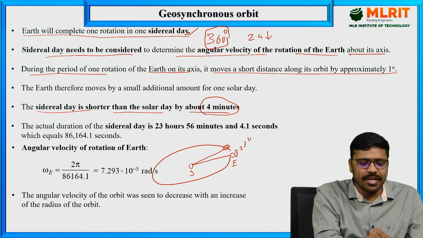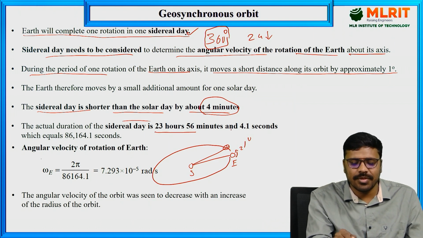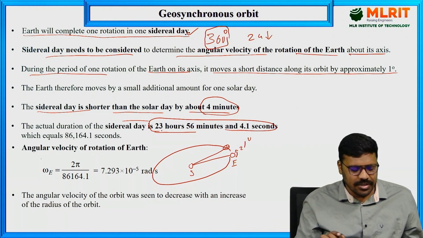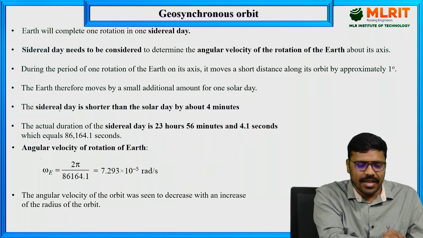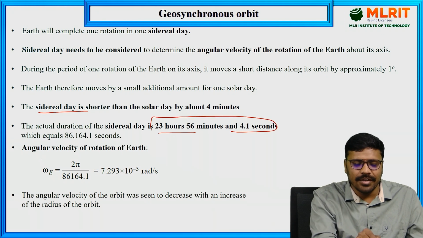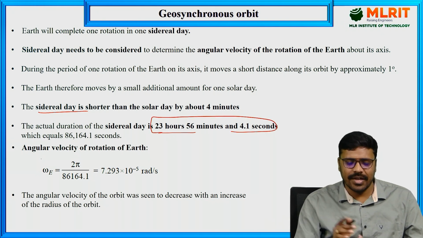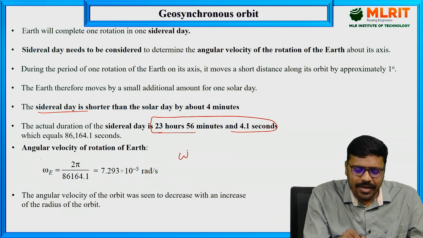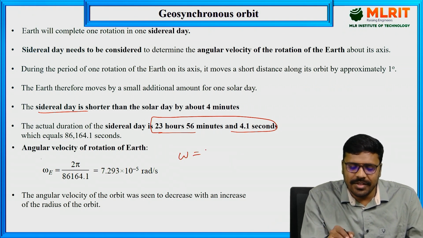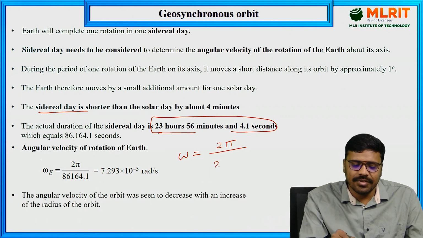The actual duration of the sidereal day is not 24 hours, it is 23 hours 56 minutes 4.1 seconds. While calculating the Earth's angular velocity, omega is equal to the angle covered, that is 2 pi radians, divided by the time taken for the Earth to complete a 360-degree rotation, which is not actually 24 hours.